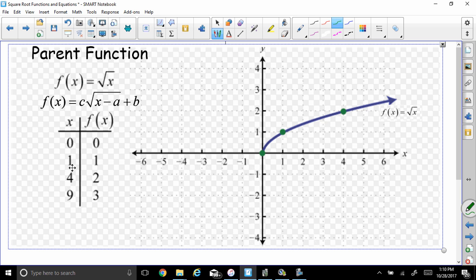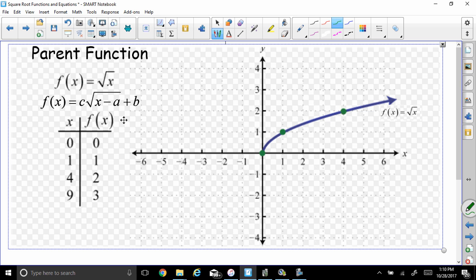If we tried to graph 2, we would have to get the square root of 2, and that would give you something like 1.4, and it'd be a little bit hard to graph. But it is a real number, so it can be used. We try to stick with numbers that are perfect squares when we're dealing with our chart because they give us easier numbers to graph.